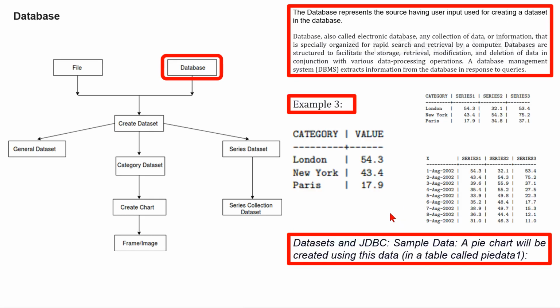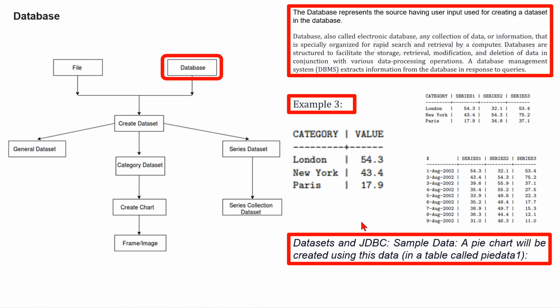Now we are considering sample data in datasets and JDBC. Here a pie chart will be created using this data, for example in a table called PieData1.